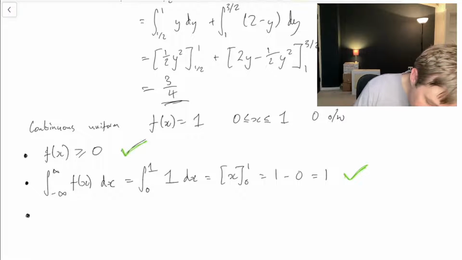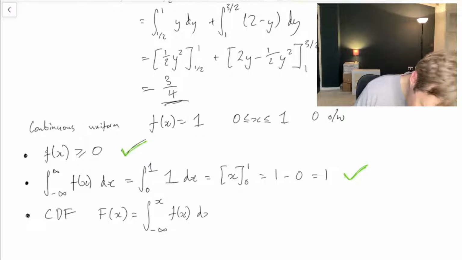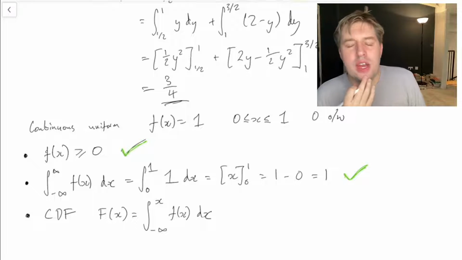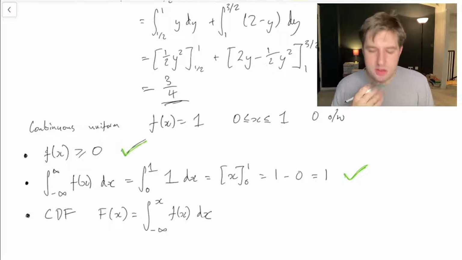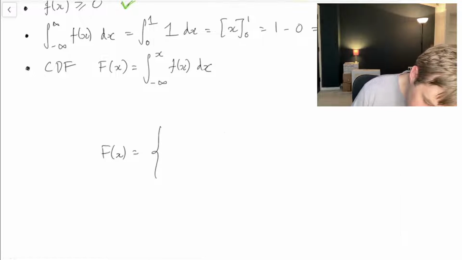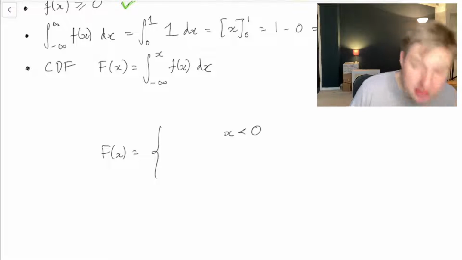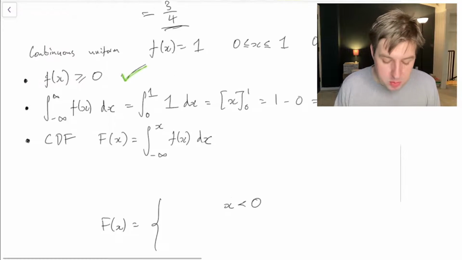The third thing we talked about was the CDF, the cumulative distribution function. And we said that that was the integral from minus infinity to x of f of t dt. Now we're going to have to treat this a bit differently depending on what the values of x are. If x is less than 0, well, this random variable only took values between 0 and 1.